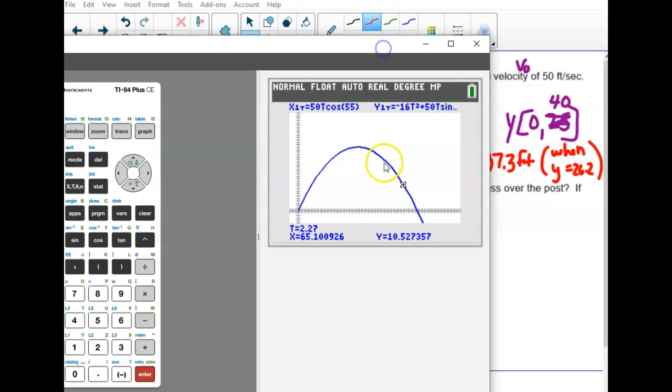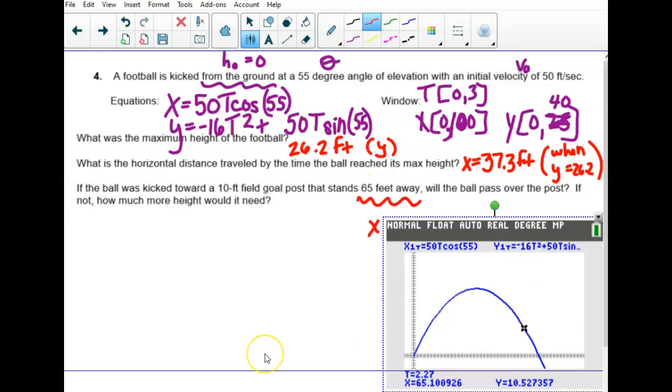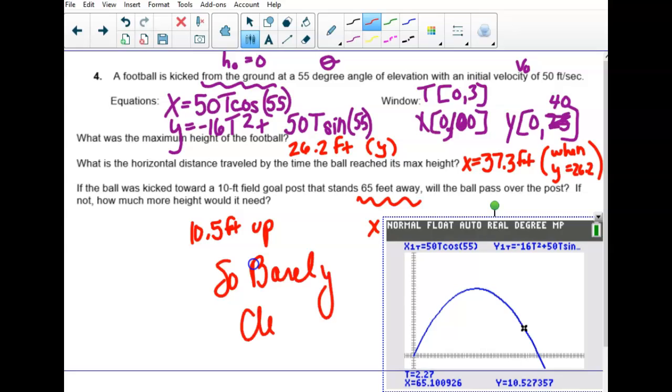All right, so I'm going to copy that over onto here. And as close as 65 feet as we could get, it was at 10.5 feet up, so barely clears. Okay, so do you understand what I did with the hundredths thing?